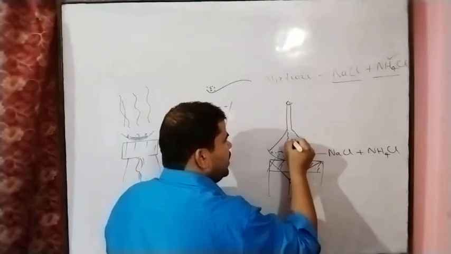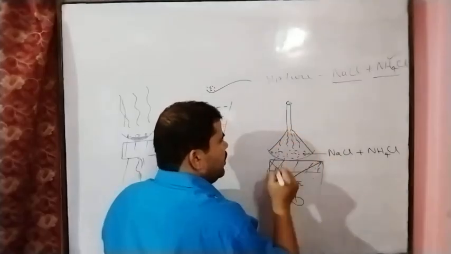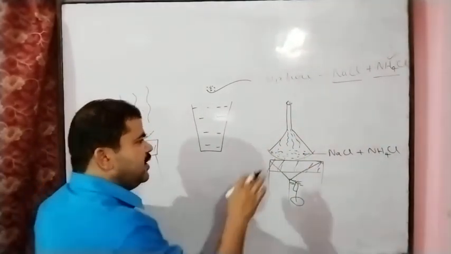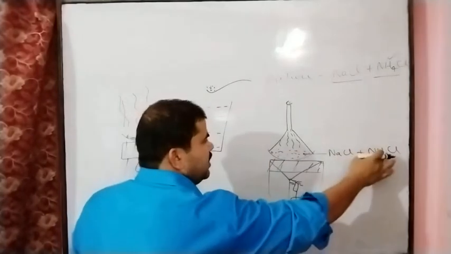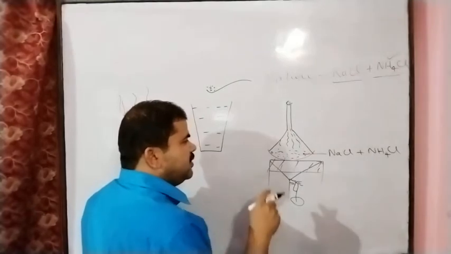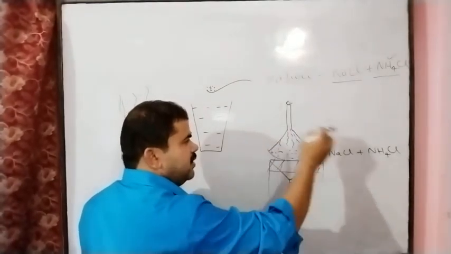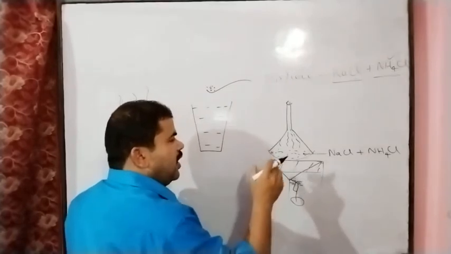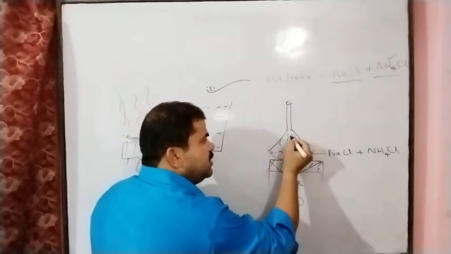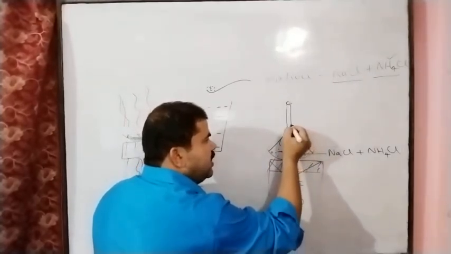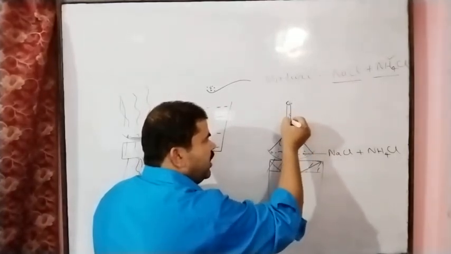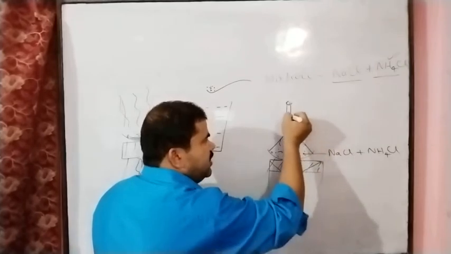into the gaseous, vapor form, and NaCl remains in the evaporating dish. After this, we cool it, and after cooling the vapor of the ammonium chloride settles on the wall of the funnel and changes into the solid form.